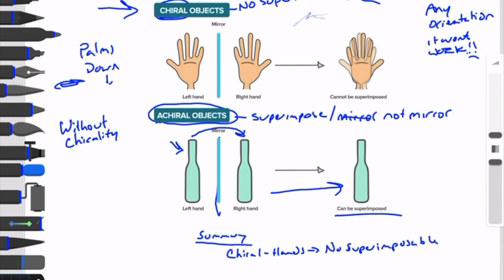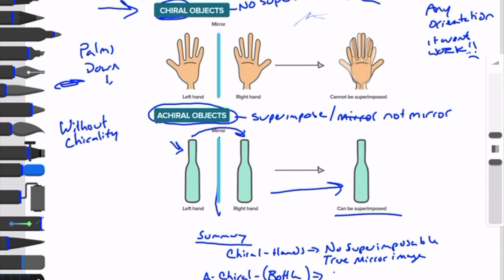And if they're not superimposable, they are true mirror images of each other, okay? Achiral, and we'll do an a with a dash. That's a prefix. This would be something generic. We'll just keep it like a bottle.